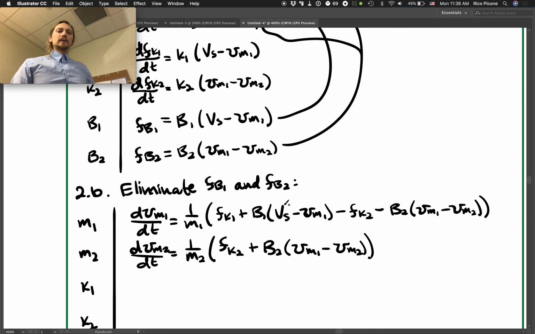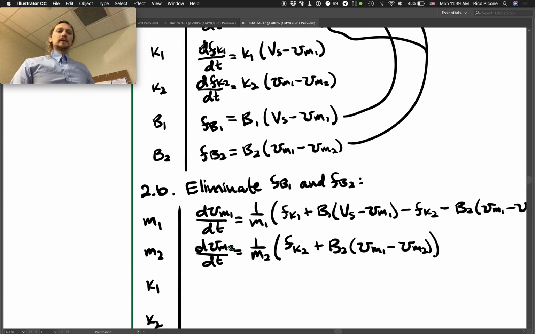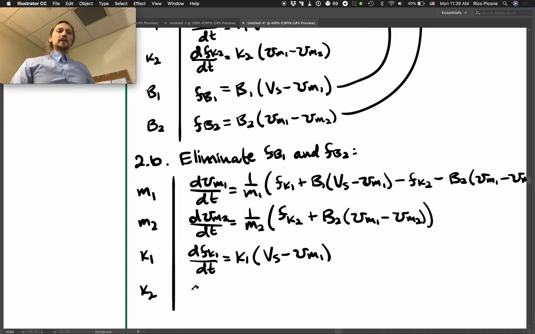These are all state variables and the input variable Vs. And K1 was already in state variables and input variables, so we can just copy that down. dFK1 dt equals K1 times Vs minus Vm1, and similarly dFK2 dt is equal to K2 times Vm1 minus Vm2.